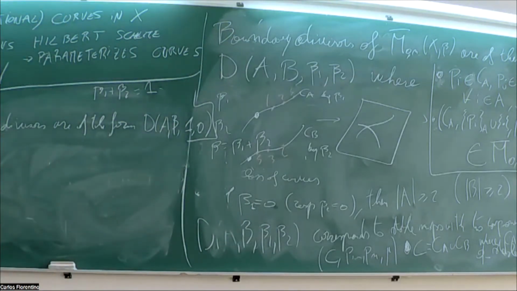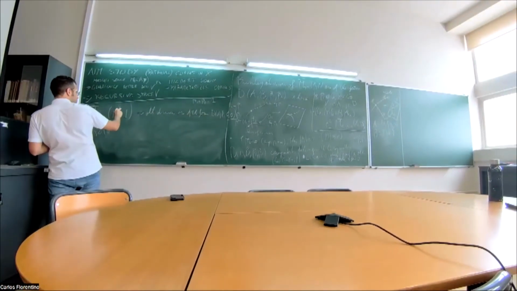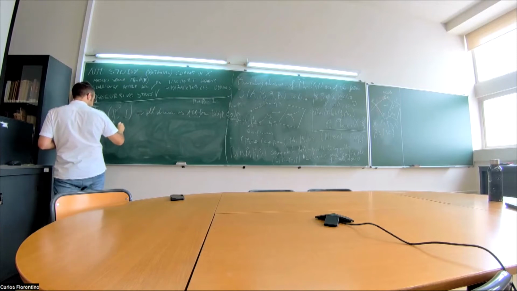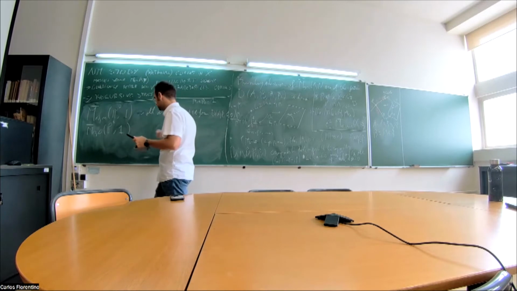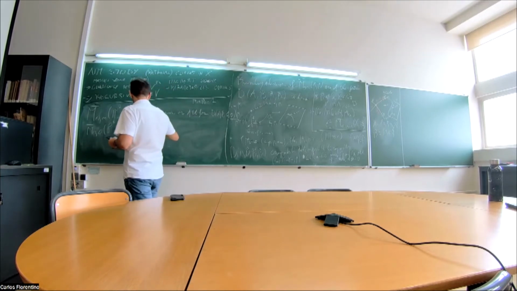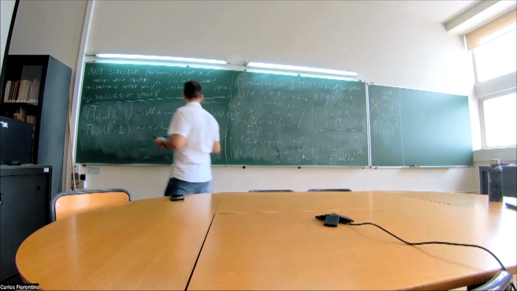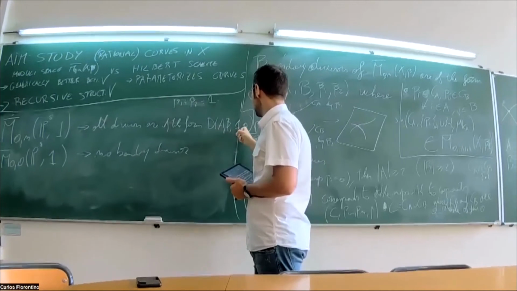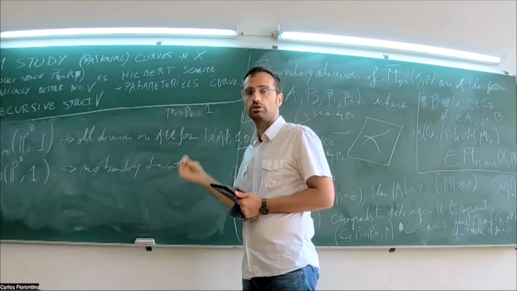So what happens if n is 0? Here s is the dimension of this projective space. So here there is no boundary divisor, because I don't have enough marks.